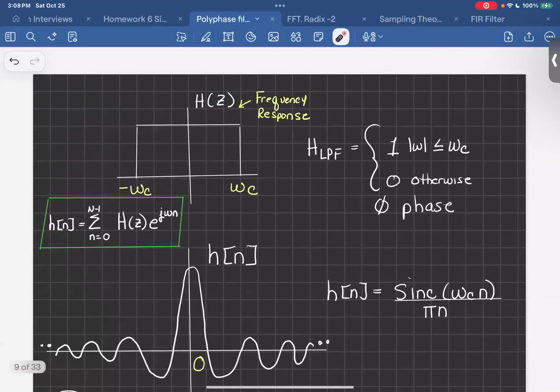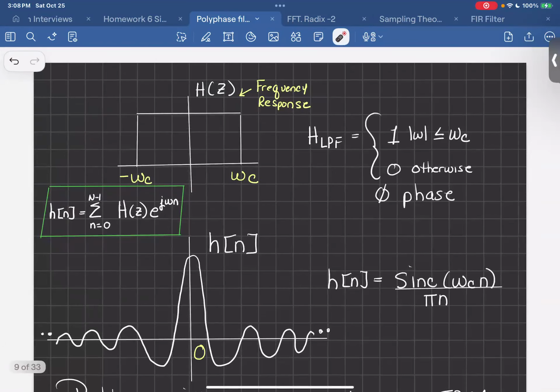So now let's take a look more closely at this ideal frequency response that we have. We want this area, we want nothing over here. So we have this sharp rejection region. We have a pass band that meets this condition, where the absolute value of omega is less than or equal to omega C, and is zero otherwise, zero phase.